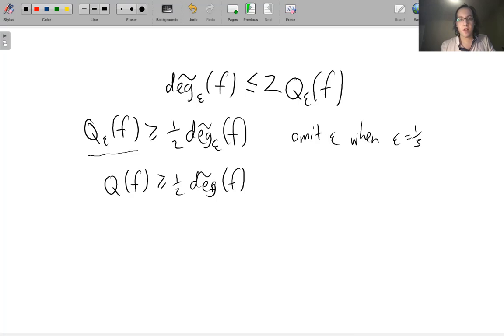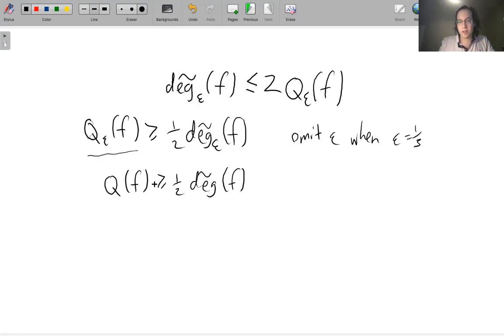If you have a polynomial which approximates a function to error 1/3, and you want it to approximate the function to error 1/10, it's possible to convert this polynomial to have lower error by composing it with a different polynomial essentially, which increases the degree, but only by a constant factor. So you can convert from one epsilon to another and only pay a constant factor, assuming epsilon is constant. Okay, so we get this useful bound here.